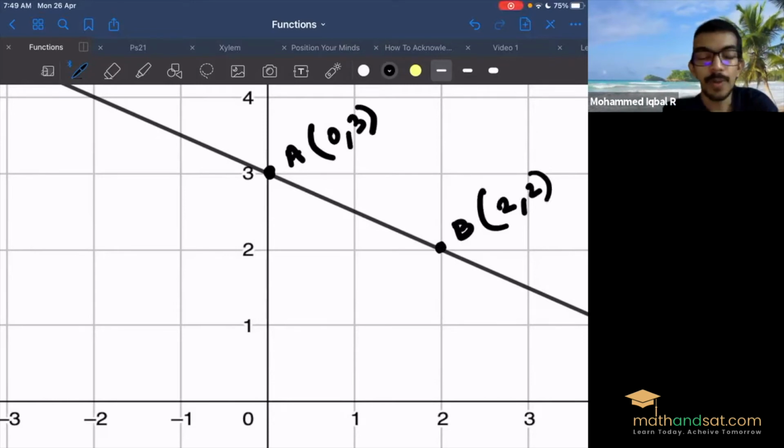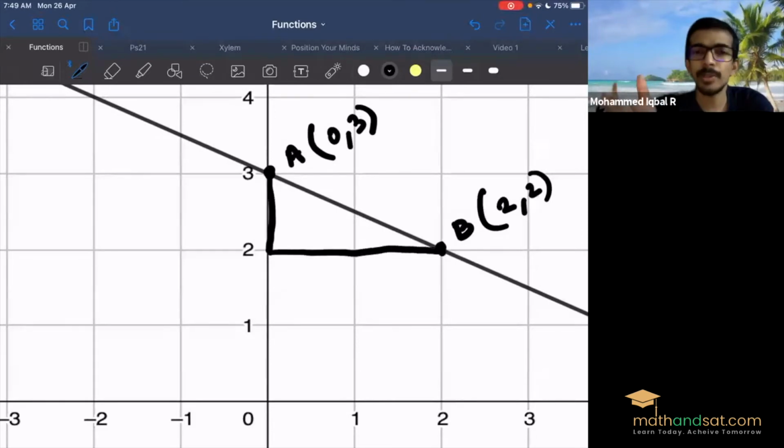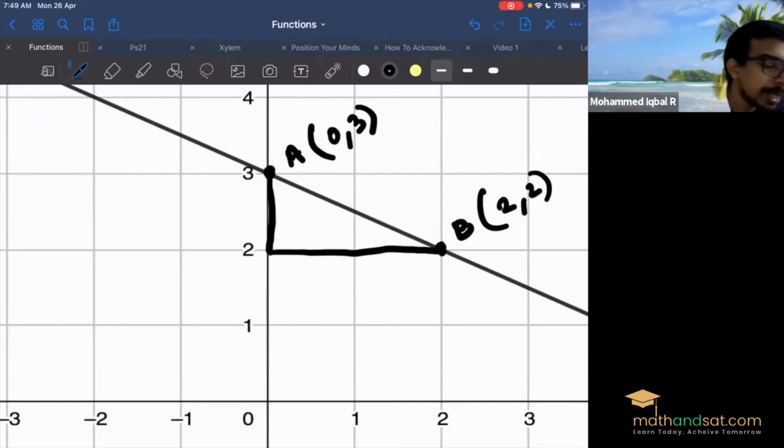Say you're traveling from A to B, you can take the other way around also. The answer will not change. When you're traveling from A to B, this is the rise.